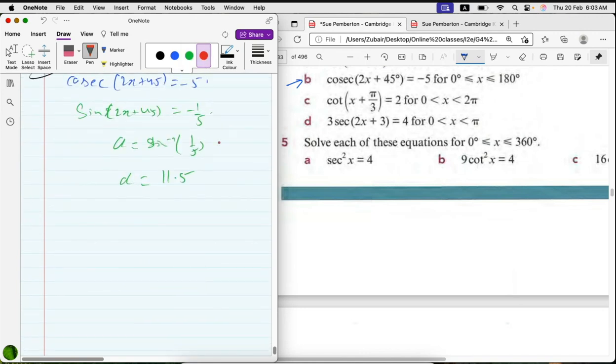But we know this is negative, so negative would be here, 11.5. So this makes 2x plus 45 equal to 180 plus 11.5, right? Yes. So we're getting 191.5 minus 45 is 146.5 divided by 2 is 73.25.